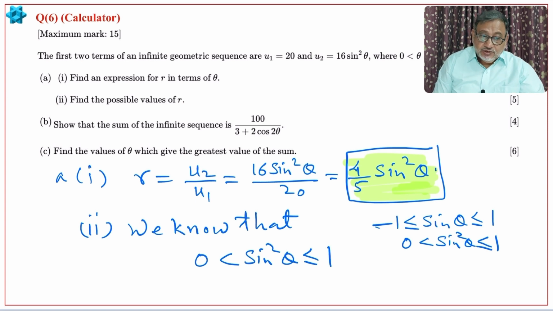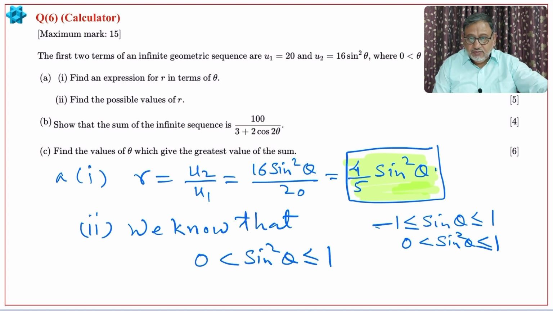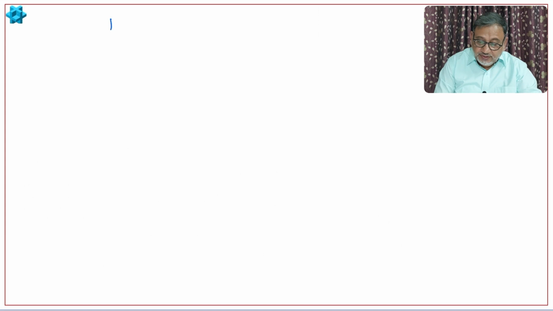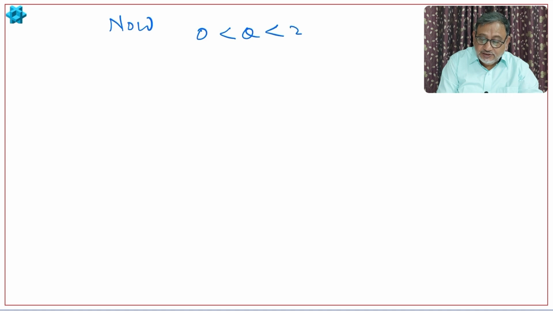Okay, so therefore now I will bring all those things here. Now I'll do it on the next page. 0 is less than, now because we know that 0 is less than theta is less than 2 pi.